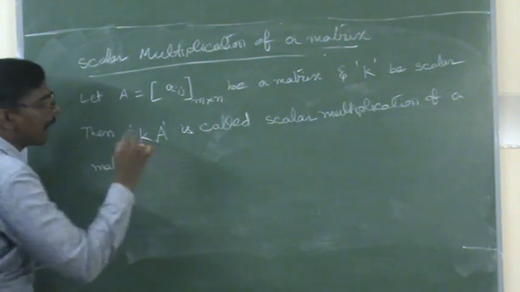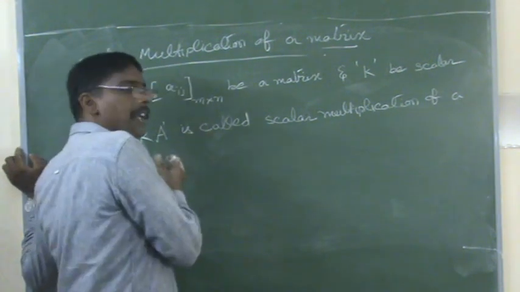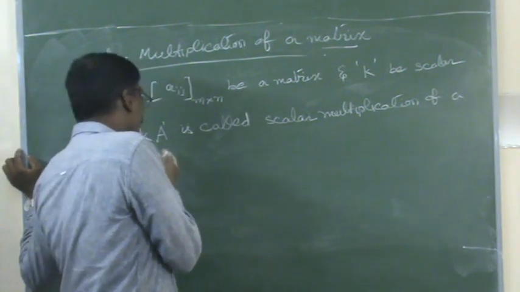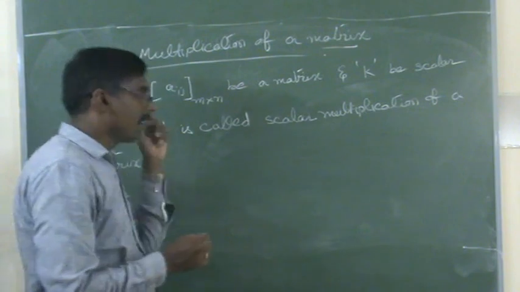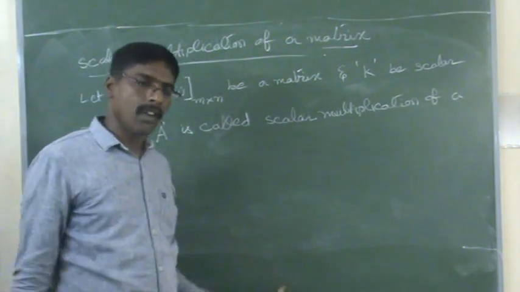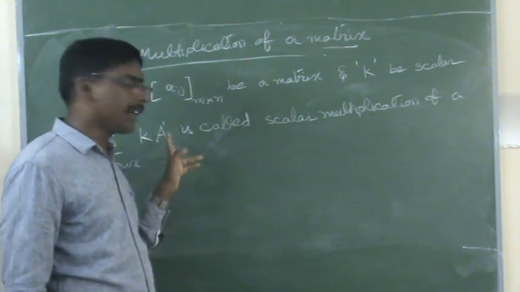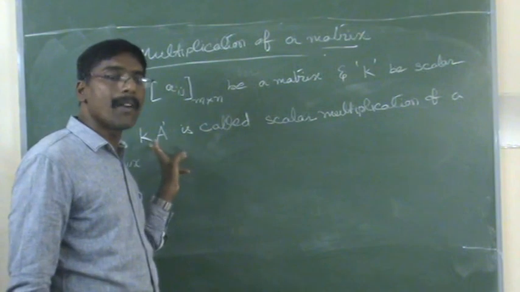In place of k, we can take any number, no problem. Any number, any constant we take is called a scalar. In this scalar multiplication, there is no condition. Any matrix, we can multiply by a scalar number, no problem. So scalar is nothing but one number.